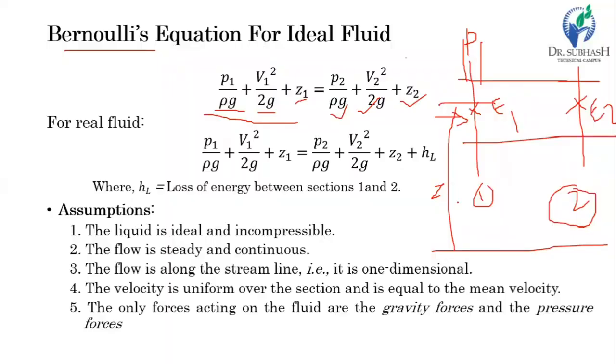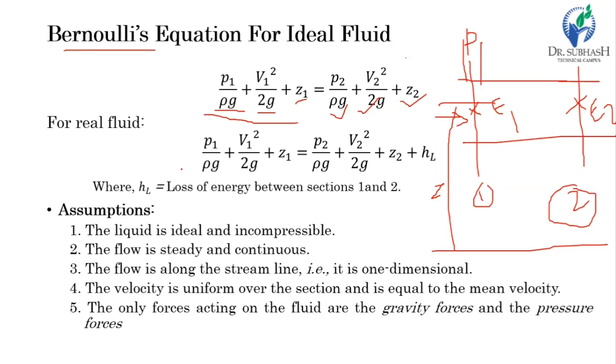Okay. Now after considering Bernoulli's equation for the ideal fluid, let's consider the real fluid. A real fluid always possesses some viscosity and has some pressure losses when it flows with respect to any type of solid surface. Then there is always friction, and that friction indicates a loss of energy.